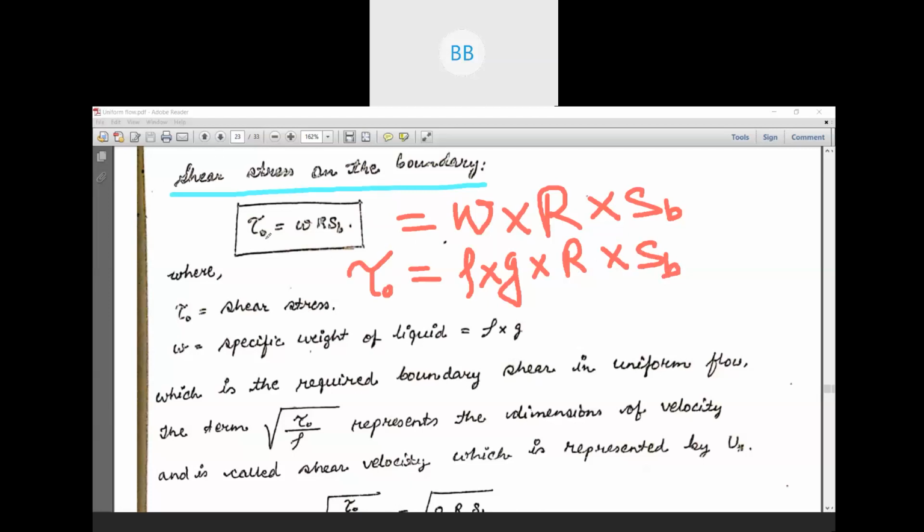You write down this expression, and you write where tau is your shear stress, small w is specific weight of liquid, which is also equal to density multiplied by acceleration due to gravity.